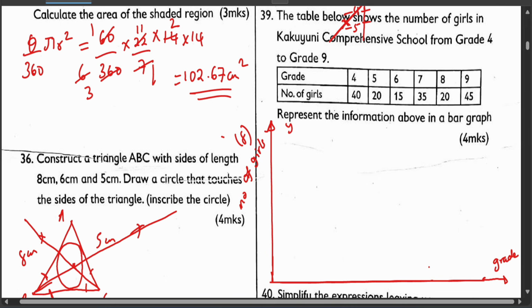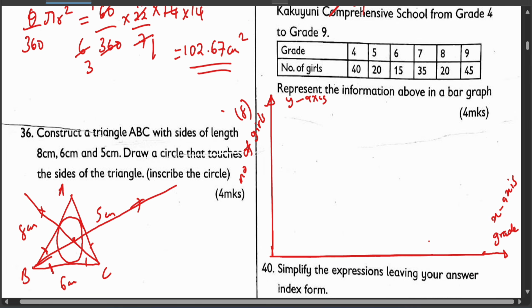So this is the y-axis, make sure you write them, and here is the x-axis. The rest is history. You have been told to leave spaces when drawing a bar graph. So for now, let's draw the number of girls.